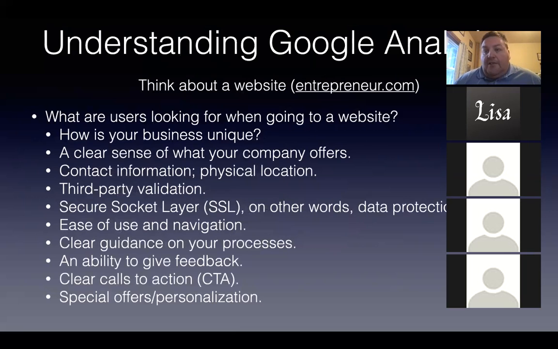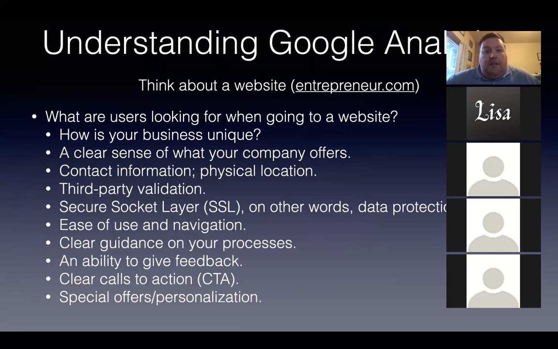So to really get an understanding of how the functionality of your website works, this is from entrepreneur.com. What are users typically looking for when they go to a website? They want to know, how is your business unique? They want to get a better understanding of what your company offers. Contact information. They want to know where you're located.